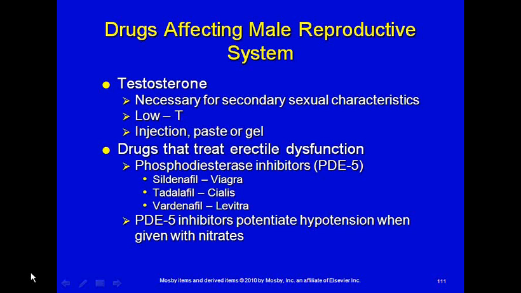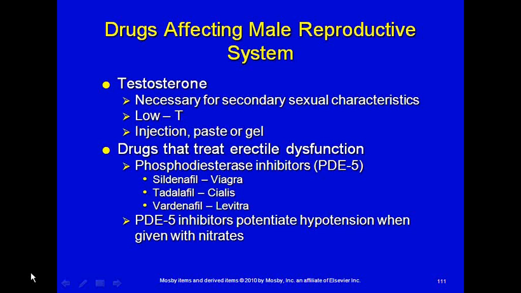There are also drugs out there to treat erectile dysfunction. There's a wide variety of reasons that men have ED, and so these don't work on every reason that a person has ED, but the more common reasons, like flow. If flow is an issue, then these phosphodiesterase inhibitors work in dilating the vessels to the penis and increasing blood flow, causing an erection.